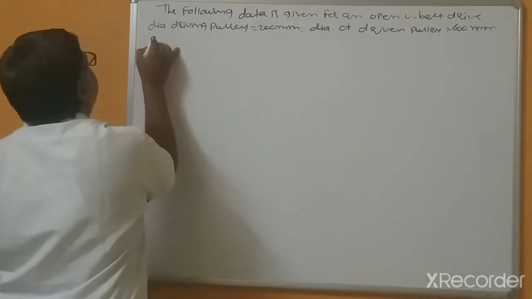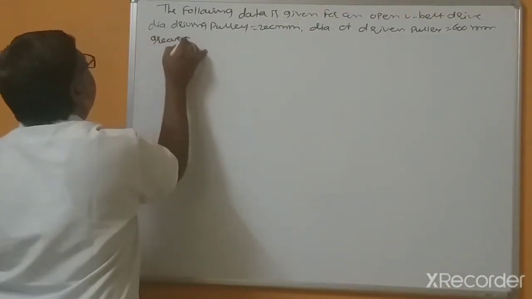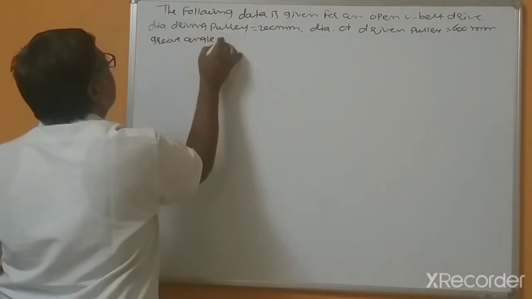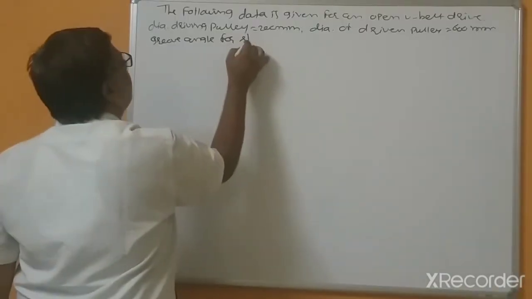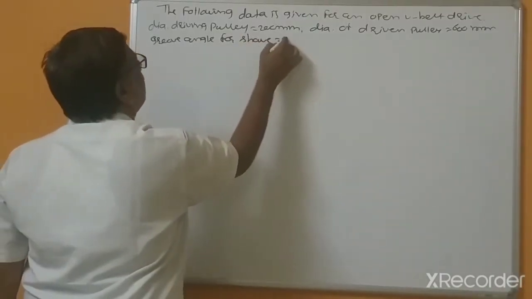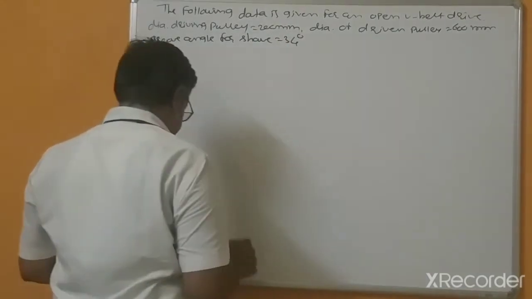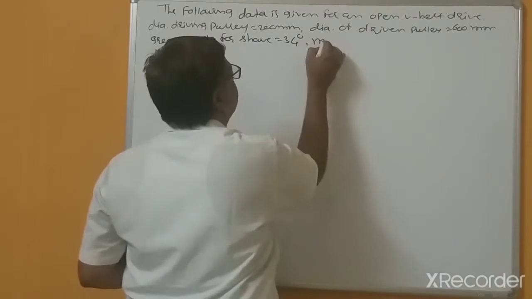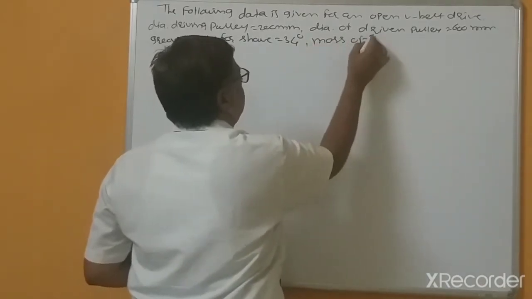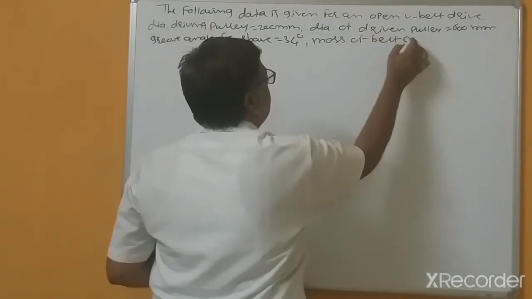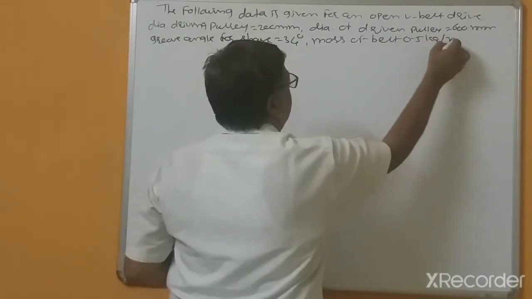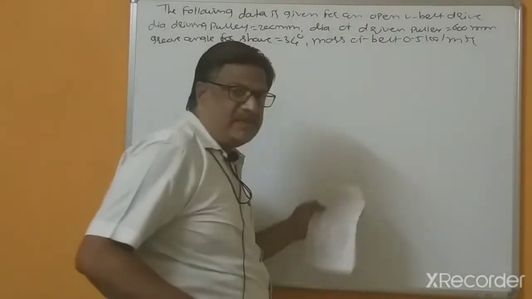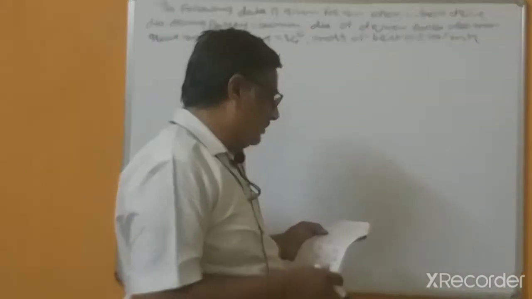Groove angle for sheave is equal to 34 degree. Mass of belt 0.5 kg per meter. This is the mass of the belt, which depends on the type of the belt.